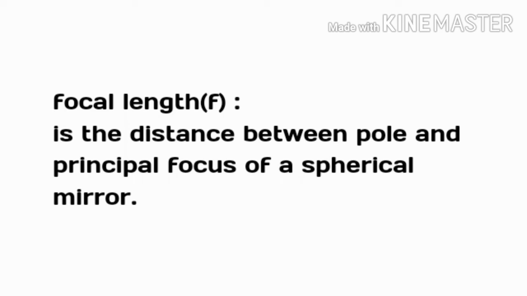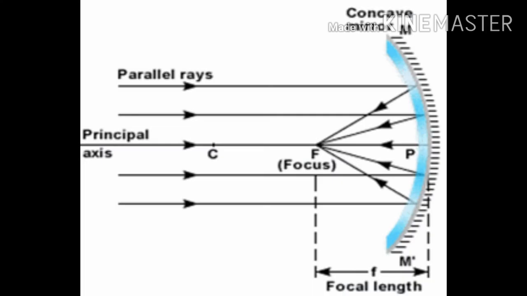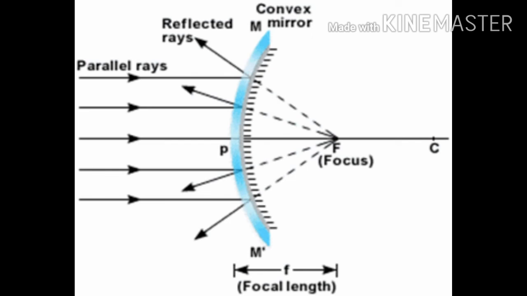Whether it is a concave mirror or convex mirror, it is possible to measure the distance between the pole and the principal focus. That distance is known as the focal length of the spherical mirror, and small letter f is used to notate it.